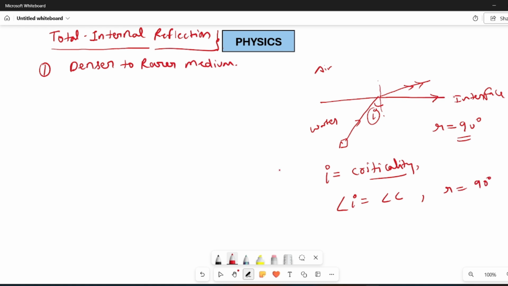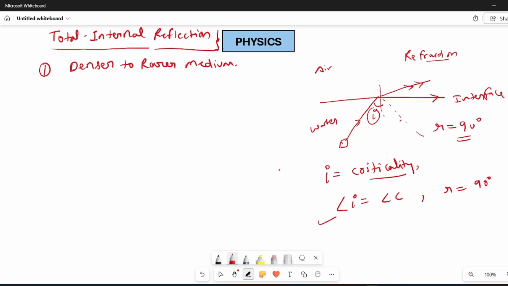And this particular point is the tipping point. Tipping point means that after that, if I keep on increasing the angle of incidence, what will happen? Now the refraction is going to stop completely, and light is going to come back into the same medium.